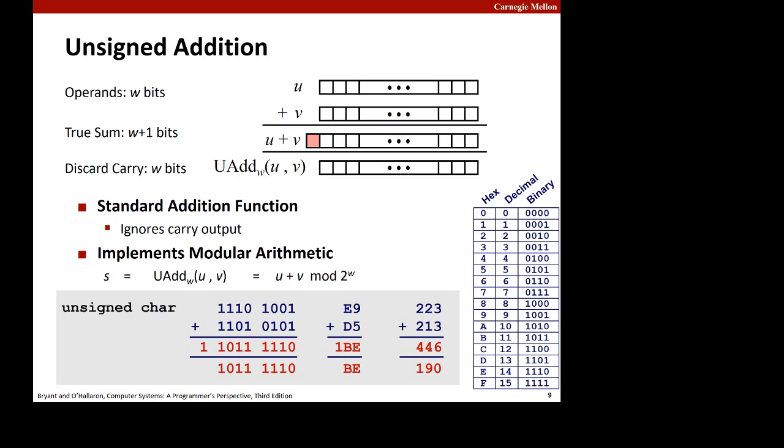So for example, this example shows if I add the decimal numbers 223 and 213, if I had enough bits, I'd get the number 446. But I don't. I'm going to keep it at 8 bits. And so I'm going to just chop off that most significant bit, and the result I'll get is 190, which you might notice is exactly 256 smaller than 446.